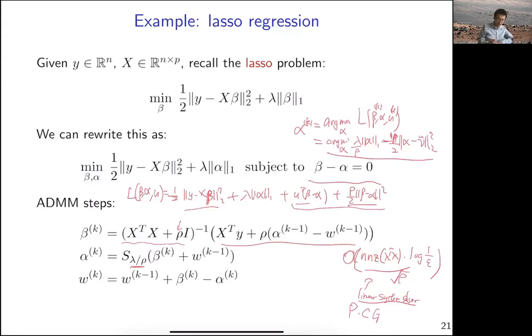This one might not be linear, but this is the fastest you can get, and people genuinely believe that ridge regression problems are more easily solvable, because this x transpose x in the low dimensional setting is d by d. In the high dimensional setting, d by d is much larger than n by n, but in those cases this problem is sparse. And with this additional regularization, this problem can be solved very efficiently. And the third update is trivial.